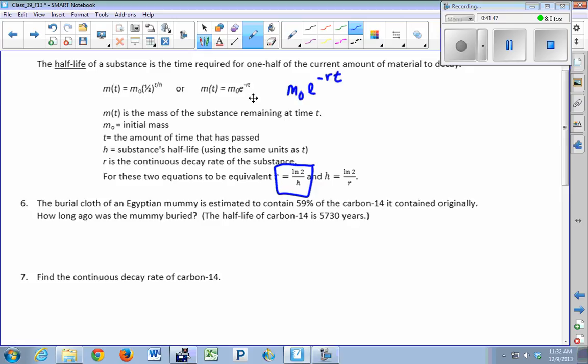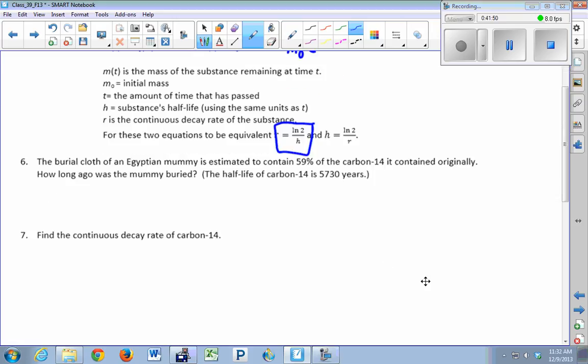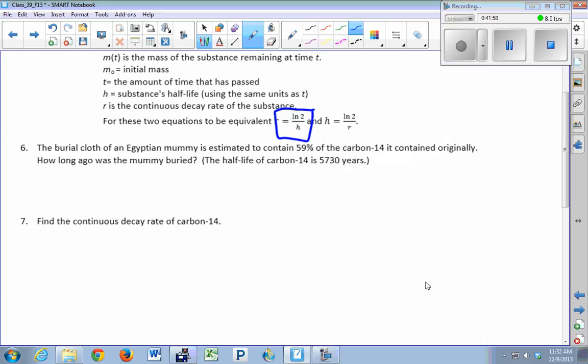So burial cloth of an Egyptian mummy is estimated to contain 59% of the carbon-14 it contained originally. How much carbon-14 did it contain originally when it was alive? Carbon-14 is used to date artifacts and fossils by what percentage of carbon-14 is still left.